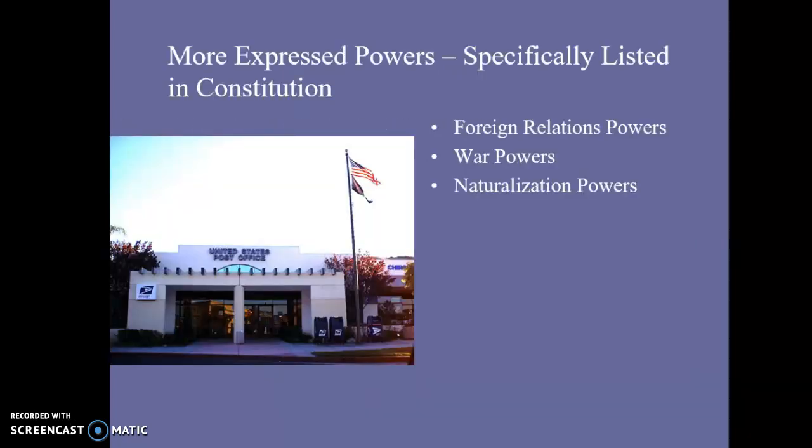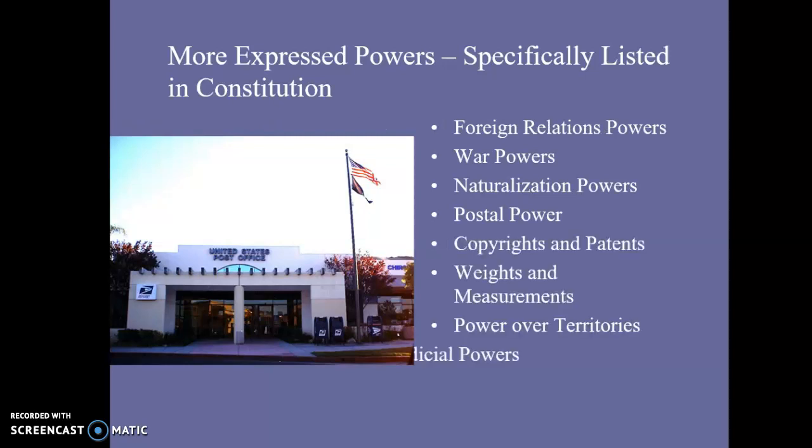Other express powers that Congress has are the powers for war making, foreign relations powers. So, for example, if United States President Trump signs a trade deal with China, the Senate, which is the upper house of Congress, would have to ratify that.